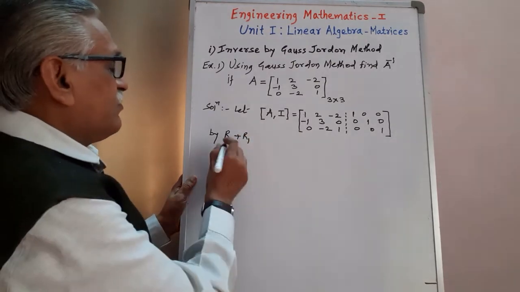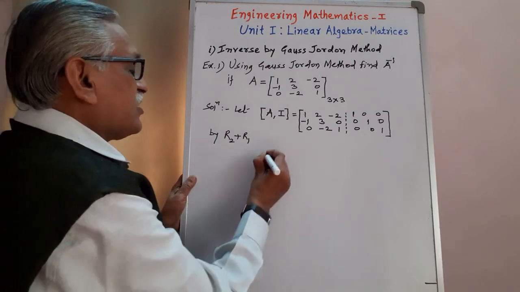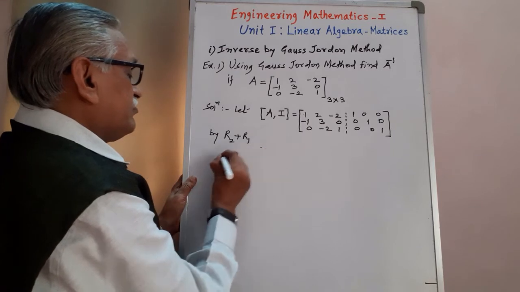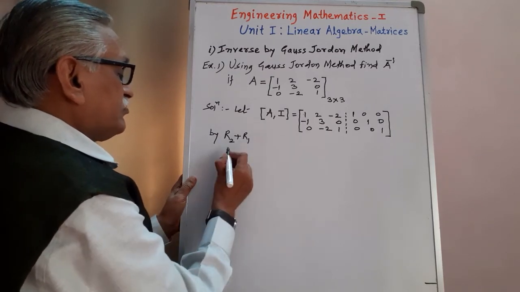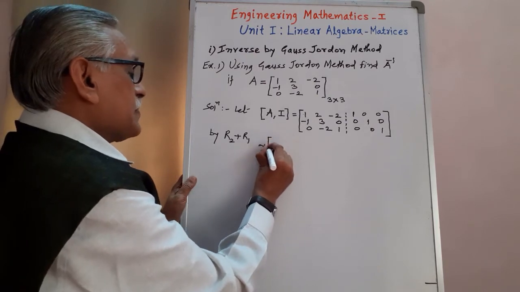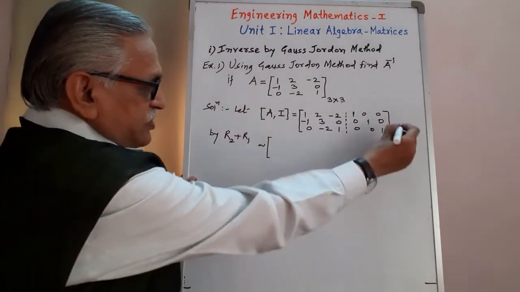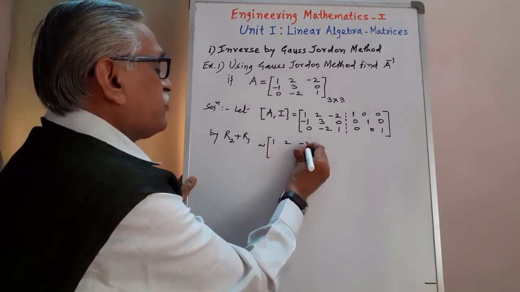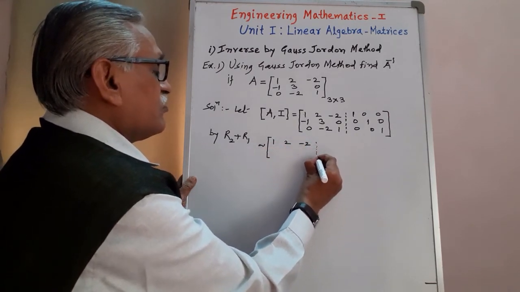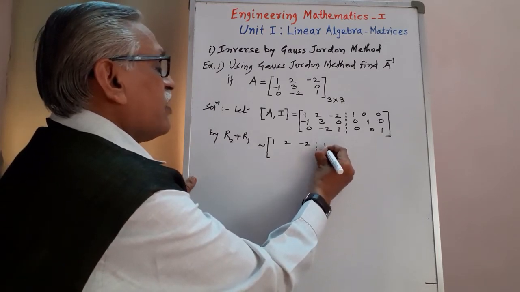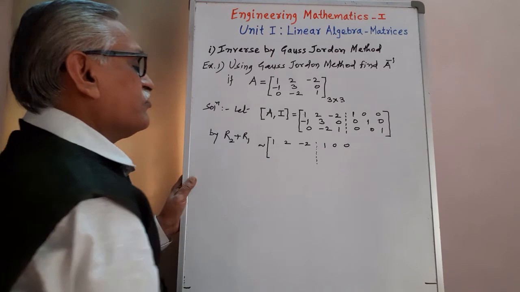By performing this row transformation, we get no change in the first row: 1 2 minus 2, 1 0 0.